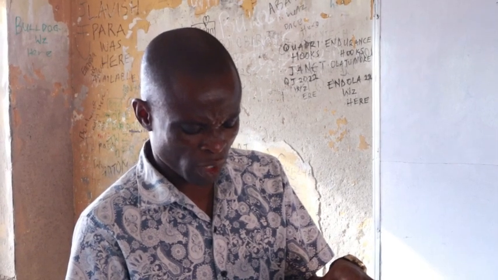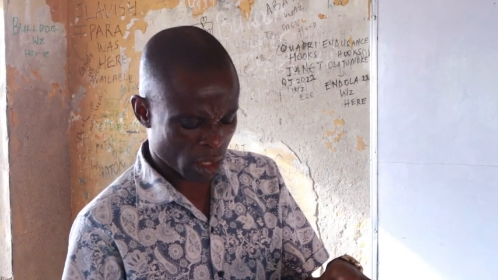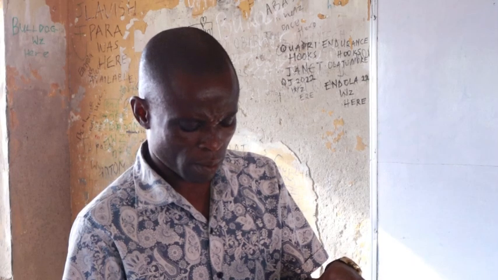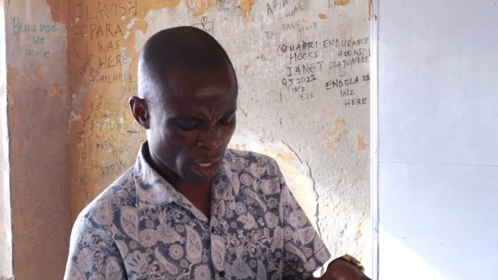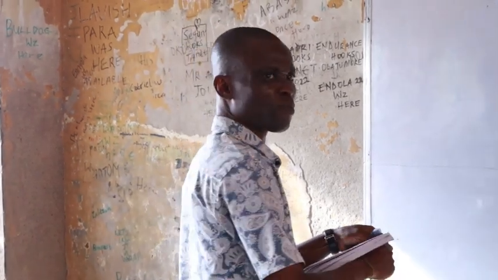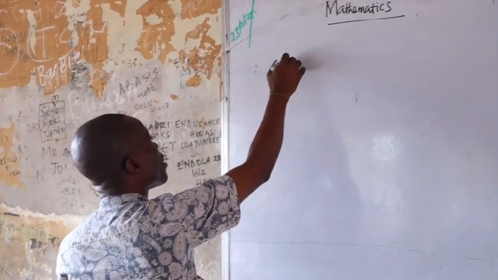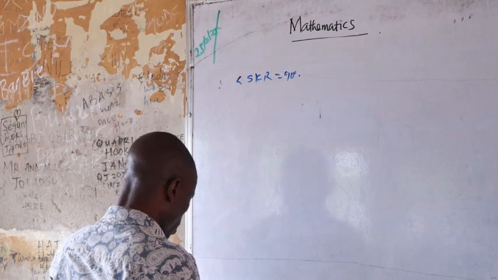SQ and PR intersect at K, and angle SKR equals 90 degrees.